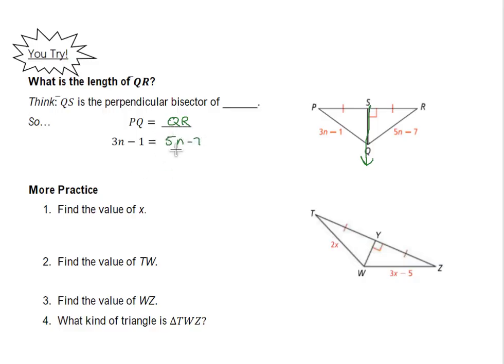Add 1 to both sides and take away 5n, and we get minus 2n equals negative 6. Divide by negative 2, and n equals 3. To find QR, it's 5 times 3 take away 7, which is 15 take away 7, which is 8.